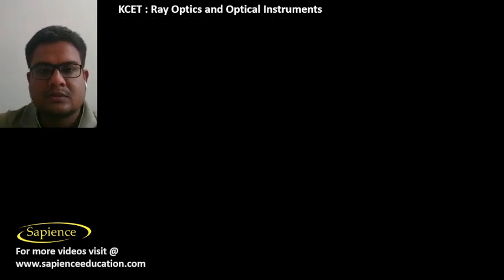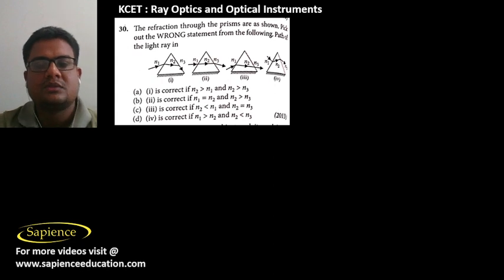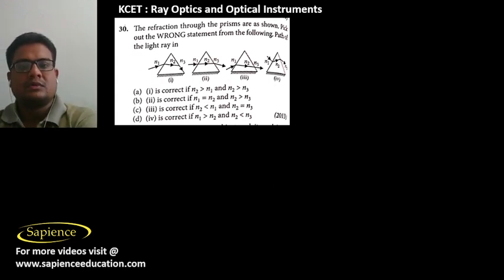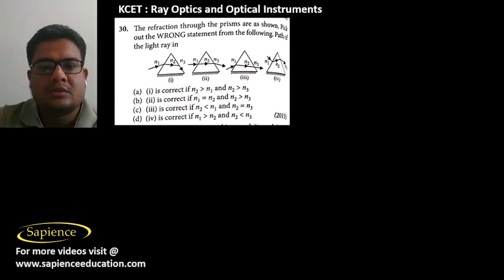Then in question number 30, it is told the refraction through the prisms are as shown. Pick out the wrong statement from the following.